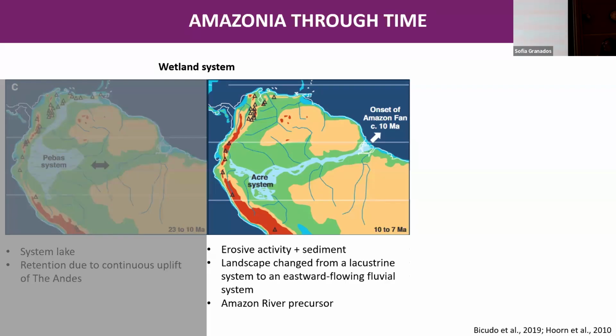The landscape changed from a lacustrine system into an eastward flowing fluvial system. Now we start seeing that the water is flowing to the Atlantic. So we could think about this Acre system as an Amazon precursor.